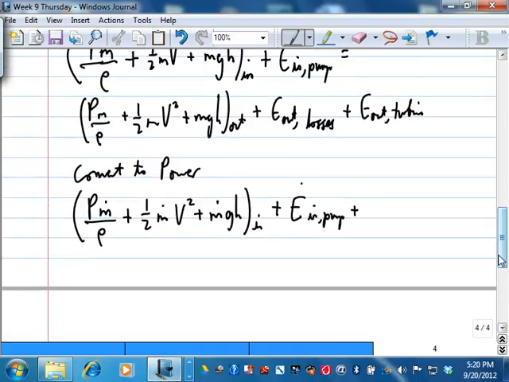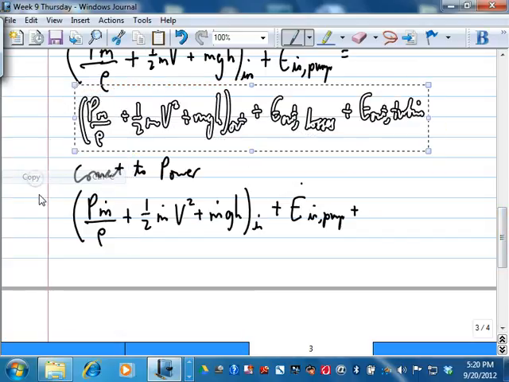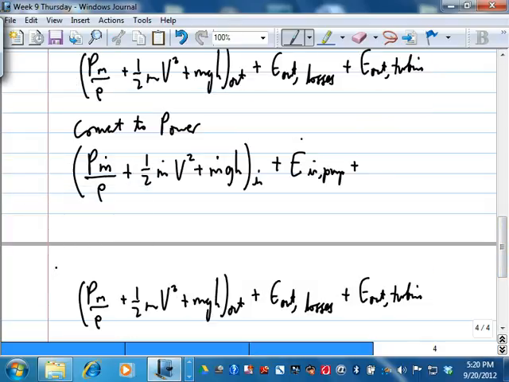Maybe speed things up a bit. So that was all power. Energy is in joules, power in watts. Joules per second is watts.